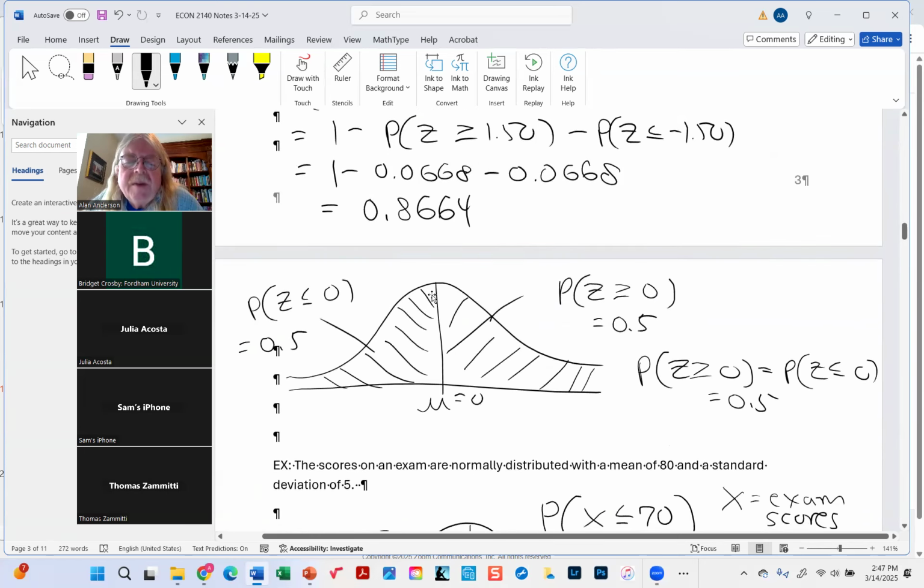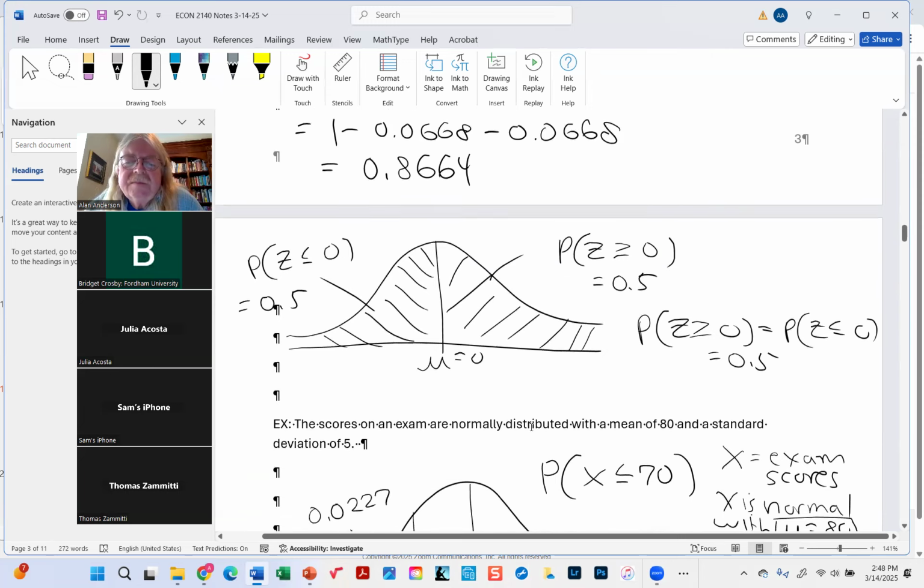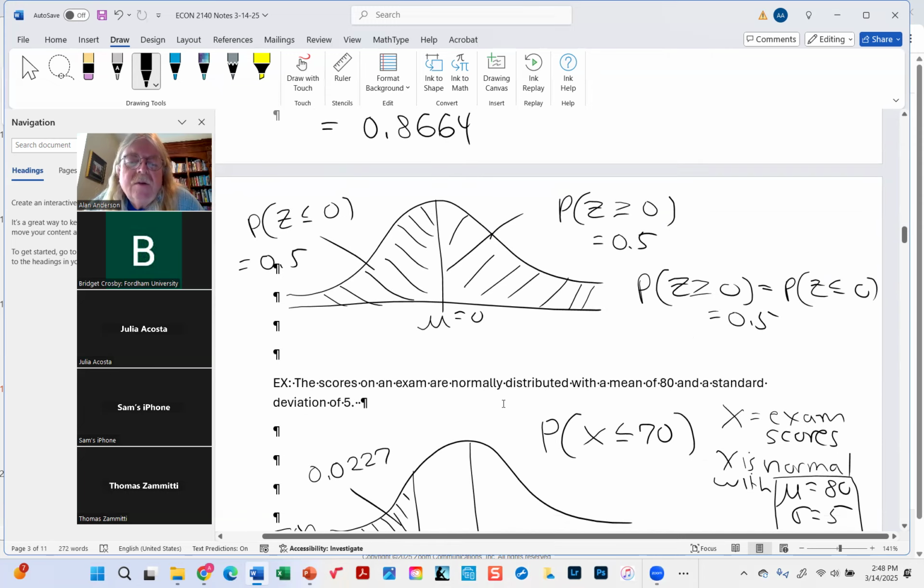Now, here's another one. I think we mentioned this last time. What if I just simply asked for the probability that z is greater than or equal to 0? Meaning that we're in the upper half of the distribution. Well, since the total area is 1, that indicates that this area must be a half. Or, in other words, the probability of being above the mean is just 1/2.